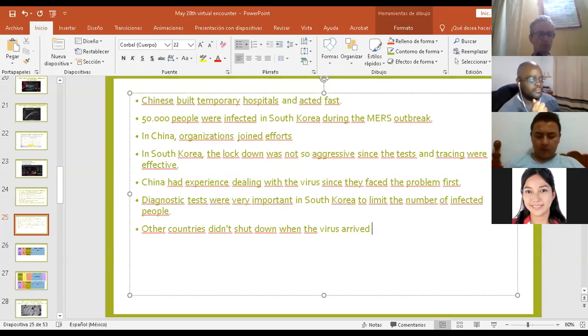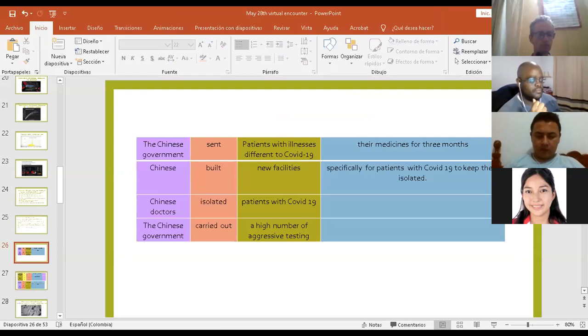Good. Now look at these sentences and tell me what is the similarity in terms of structure. Past simple. Yes, Juan. All the sentences have verbs in past simple.